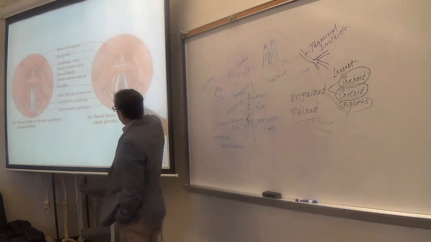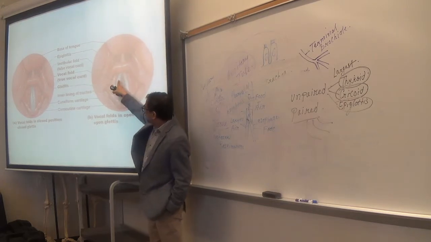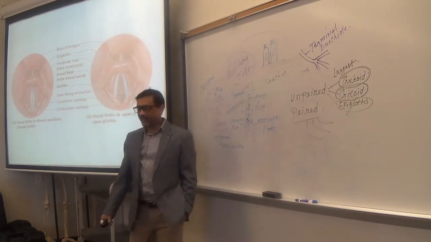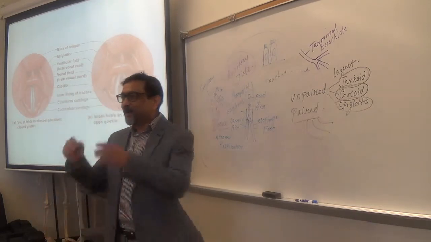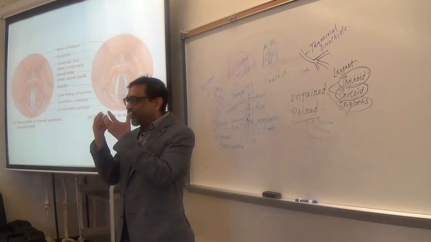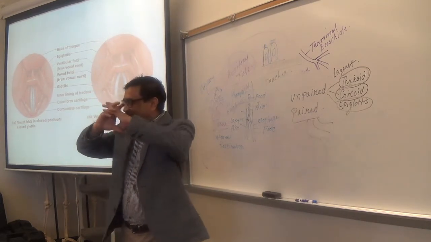Now, the opening between the true vocal folds, this size changes all the time. This is very interesting. If you go to YouTube and see how the vocal cords work, when you produce sound, you see how fast that opening changes.